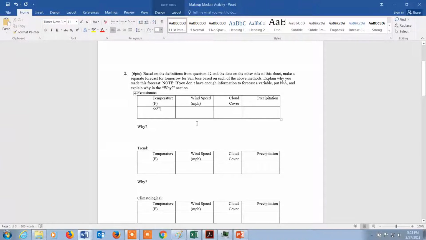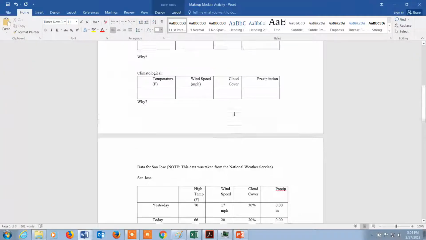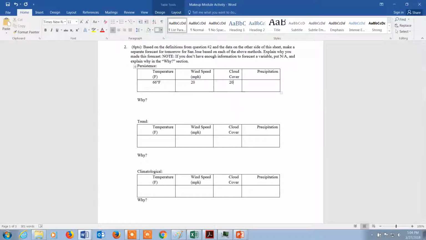Today's temperature was 66. A persistence forecast would dictate that tomorrow's temperature is 66. And then you do the same thing for wind speed. The wind speed was 20. Cloud cover was 20%. And there was no rain, so using a persistence forecast, there'd be no rain for tomorrow. So that's a persistence forecast. Whatever the weather conditions were today, they stay the same tomorrow.